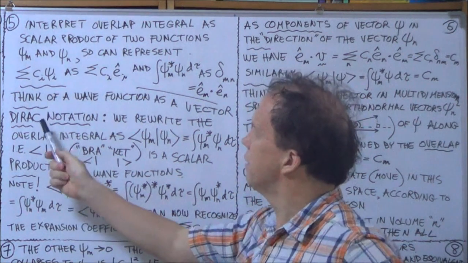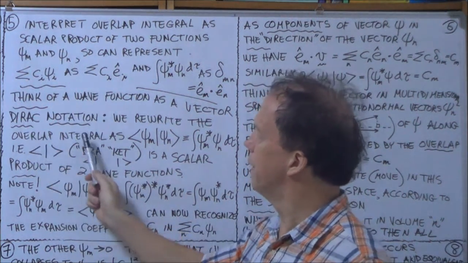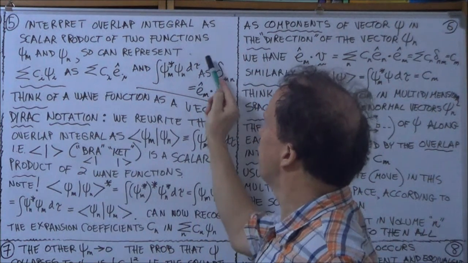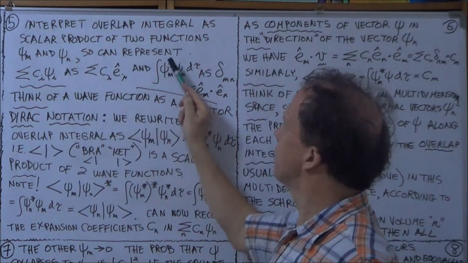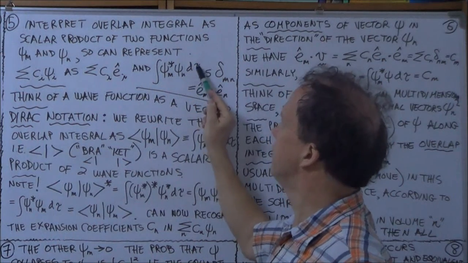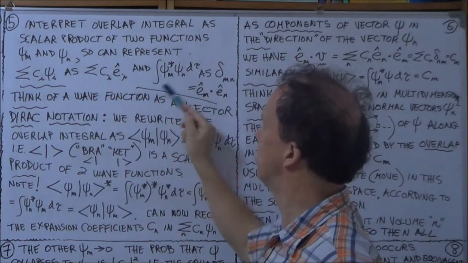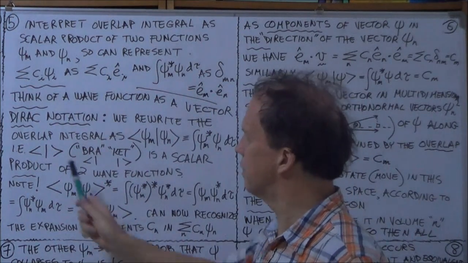Now he invented a notation for the overlap integral. It just simplified things a lot. So instead of writing the overlap integral this way with an integral sign, psi m star psi n, d volume, the differential of volume, so this is the integral form, he just simplified it by using angular brackets that look like this.